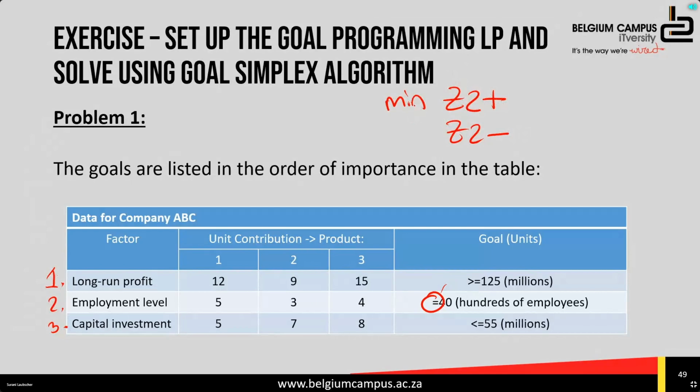My thinking and your thinking is not always the same. Or I might tell you what I'm expecting, okay? So, min Z2 plus. My logic is saying I'm minimizing the amount above. That's my thinking. You could have gone the opposite. I'm thinking minimizing the amount above.